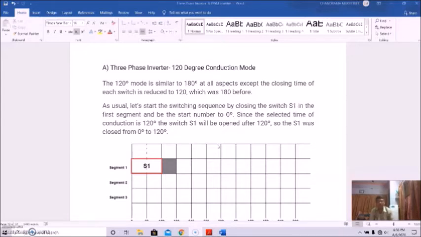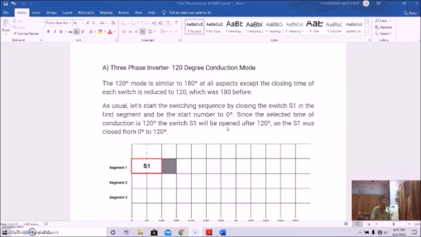As usual, let's start the switching sequence by closing the switch H1 in the first segment, starting at 0 degree. Because, as you know, in the last class we discussed that there are three segments: for segment 1 S1 and S2, for segment 2 S3 and S4, and for segment 3 S5 and S6 are responsible for operation.